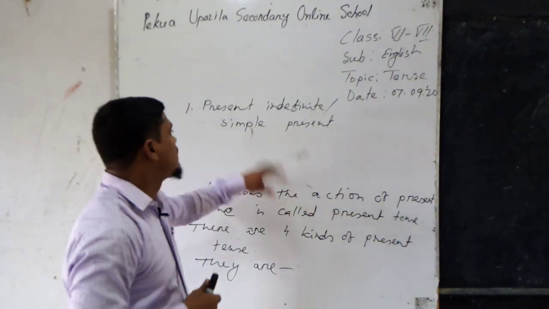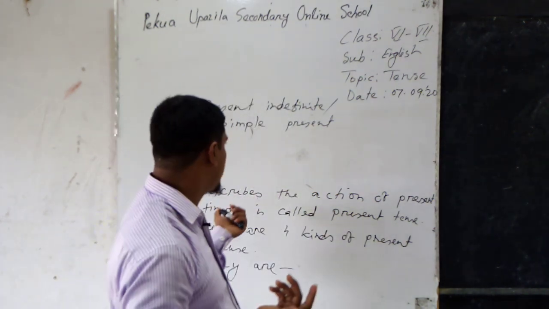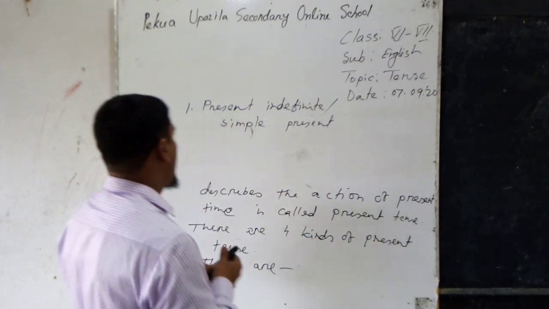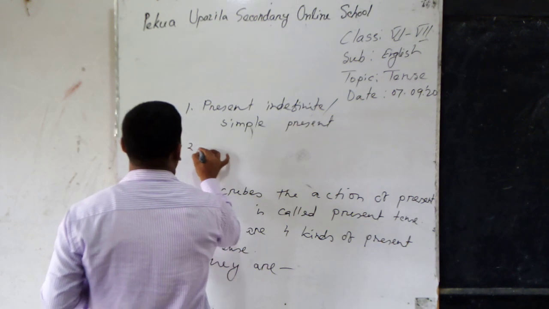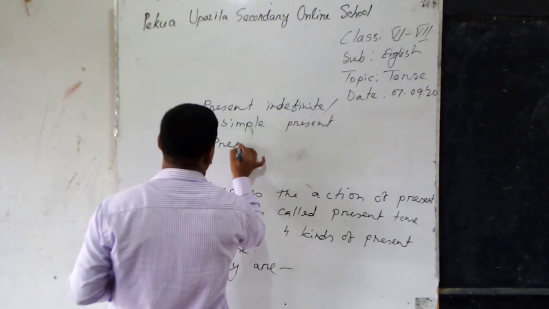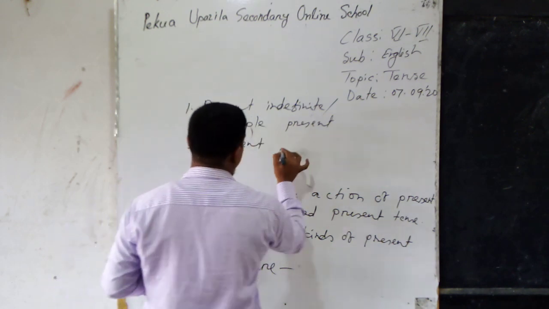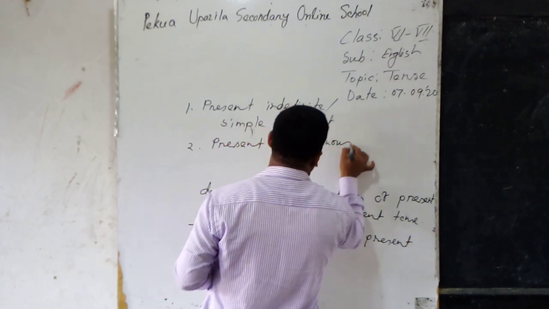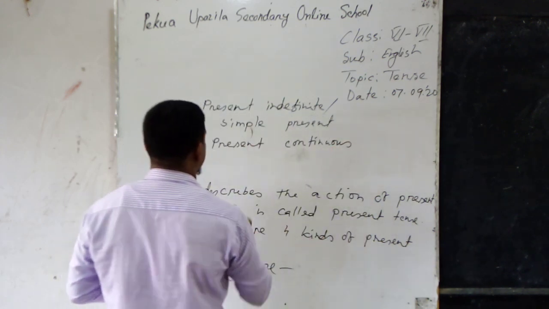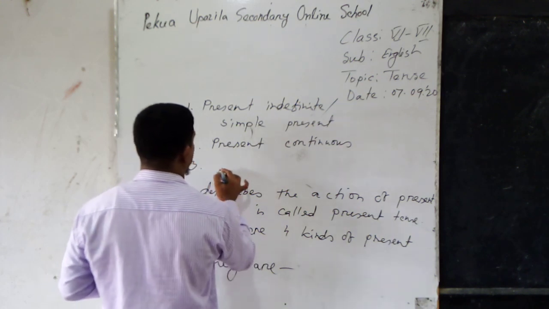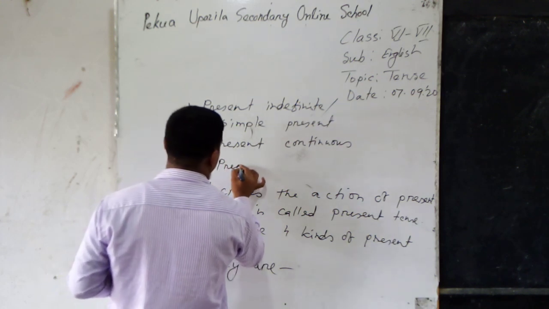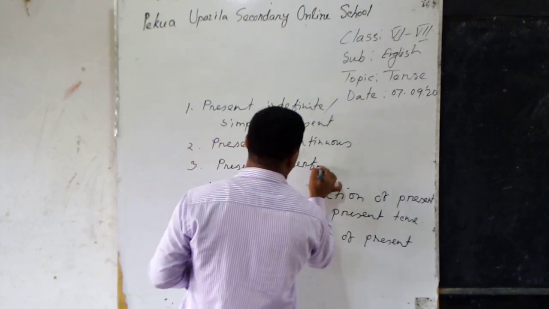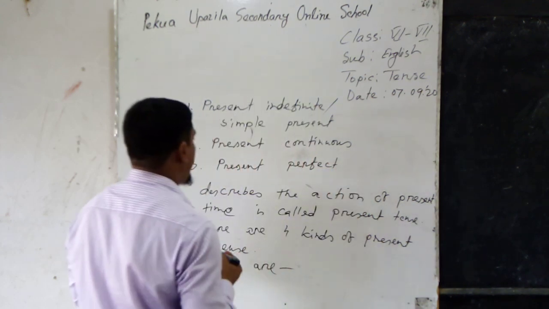But both are the same thing. Number 2, present continuous. Third one, present perfect.